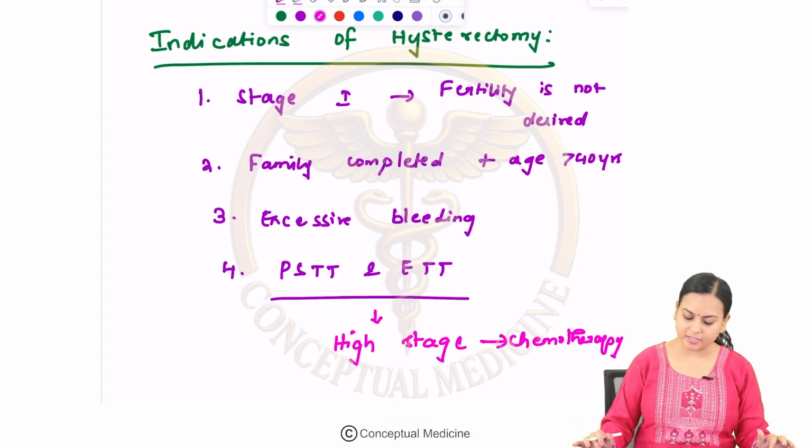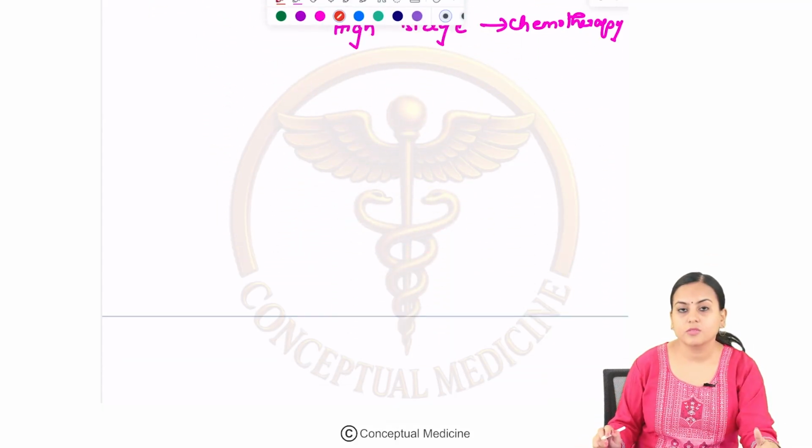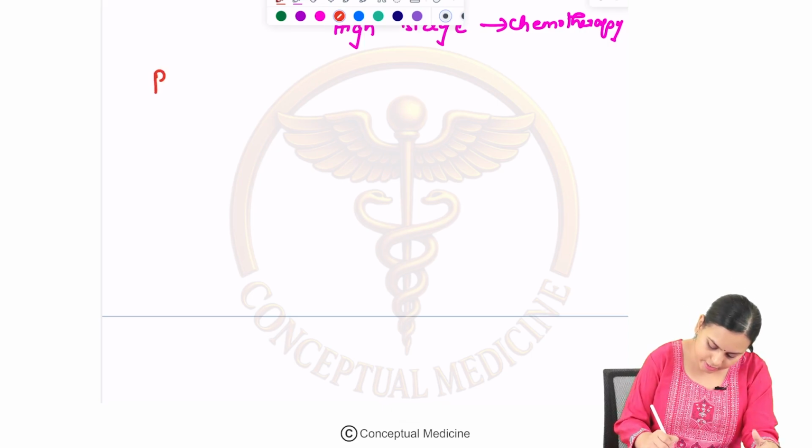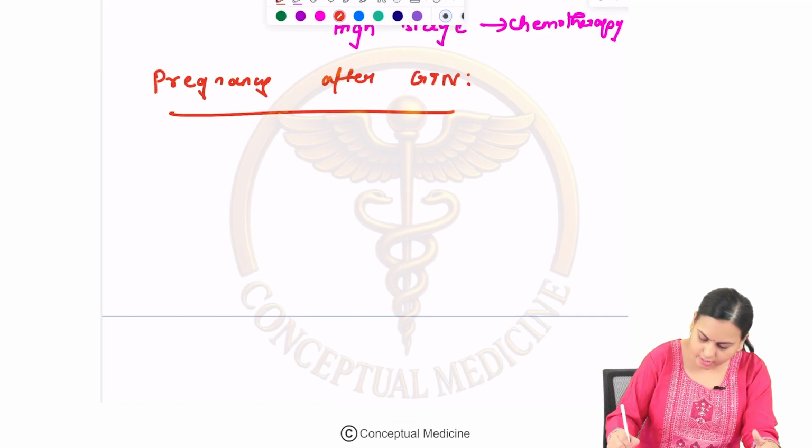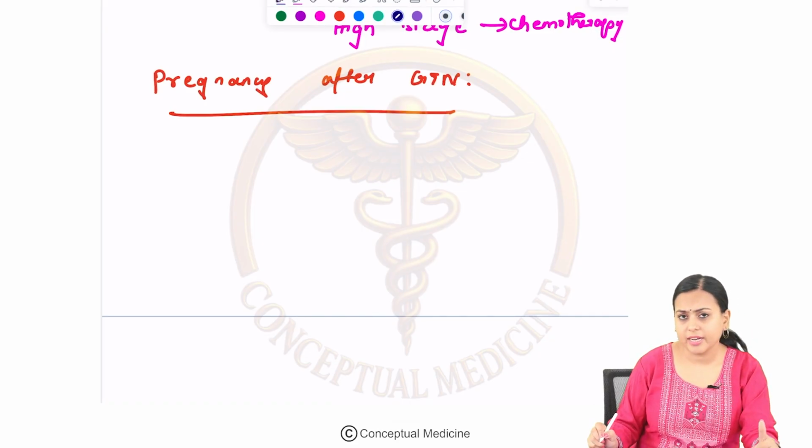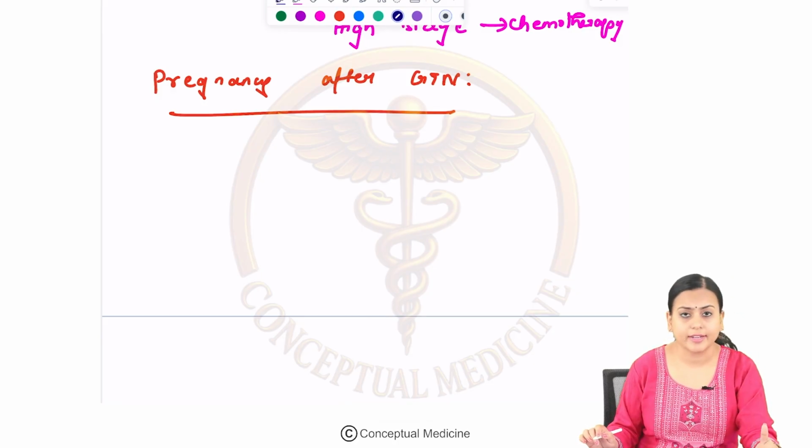Clear? Right. Next one, let's discuss what happens with the pregnancy outcome after GTN. Okay, so pregnancy after GTN. In these women, you should ideally advise them to delay pregnancy for at least 1 year.